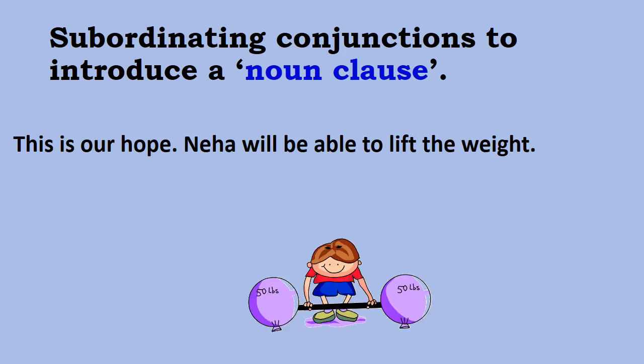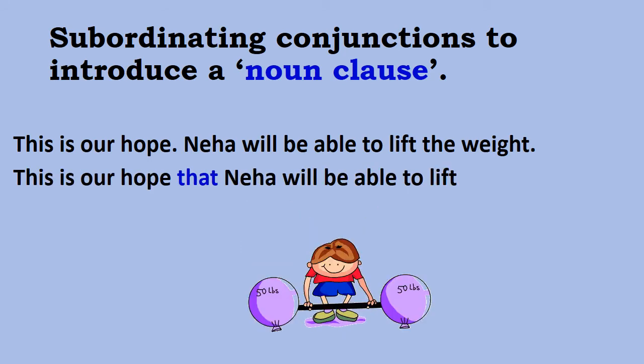This is our hope is actually the complete idea. This is our hope that Neha will be able to lift the weight. Here you can see we have used that, and when we see that Neha will be able to lift the weight, are we getting any complete meaning? No, it is a subordinate clause.